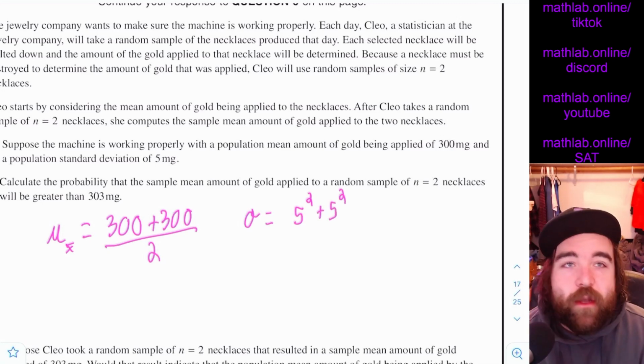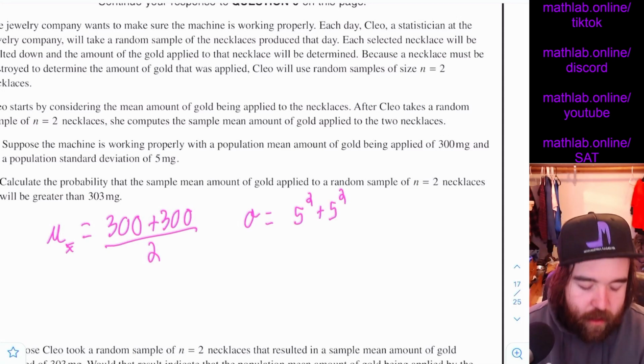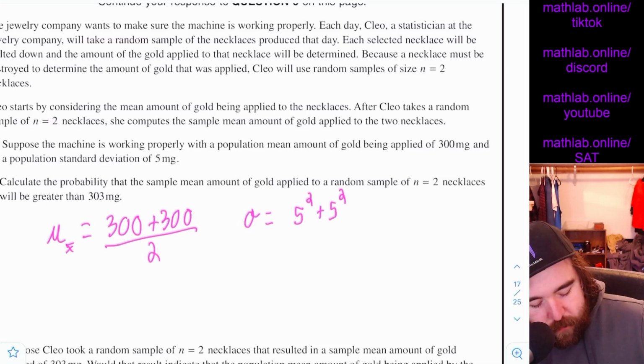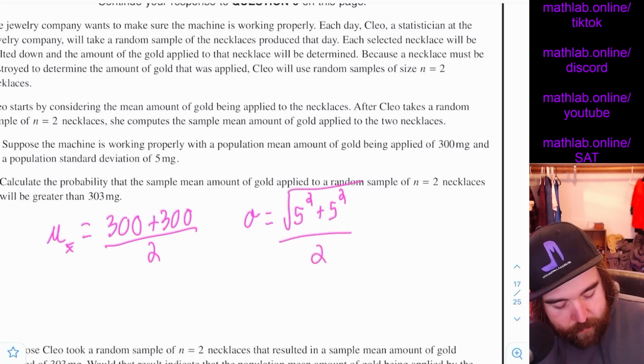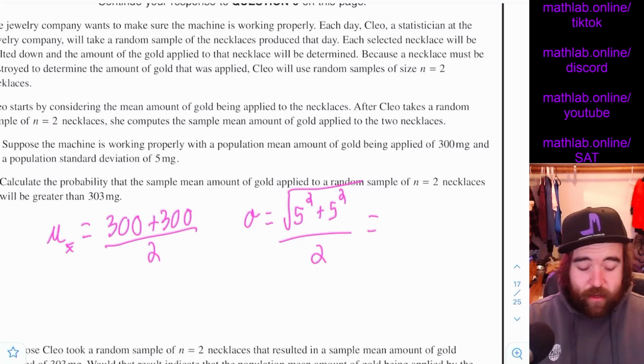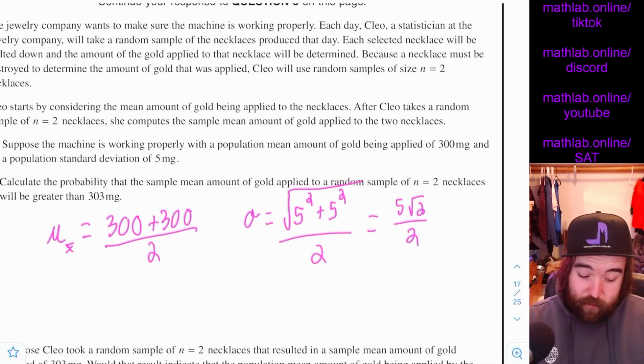That's the idea. Since there's 2 different things we're bringing together, that's where you have to do squared, like Pythagorean theorem ideas. And then we divide them by 2. That's a weird one. I really do think that's right, though. So that's 5 root 2 over 2. Just 5 over root 2.